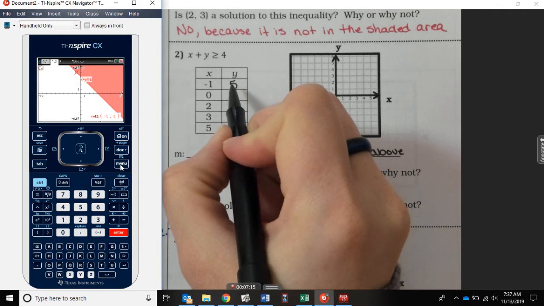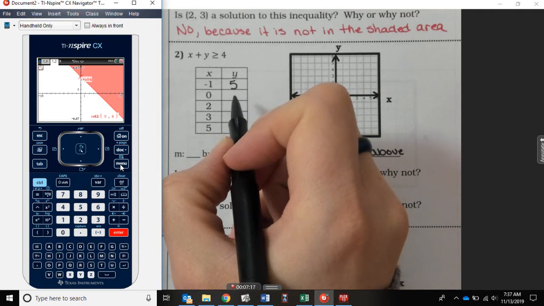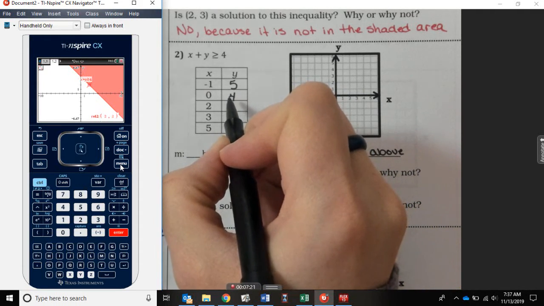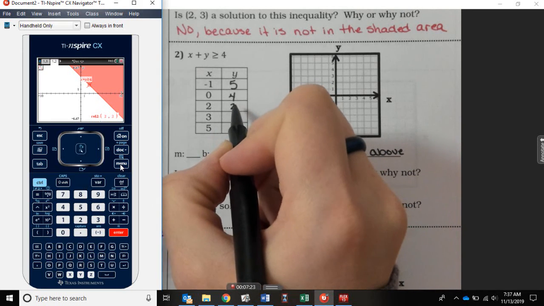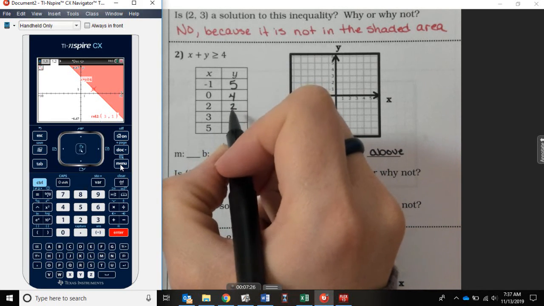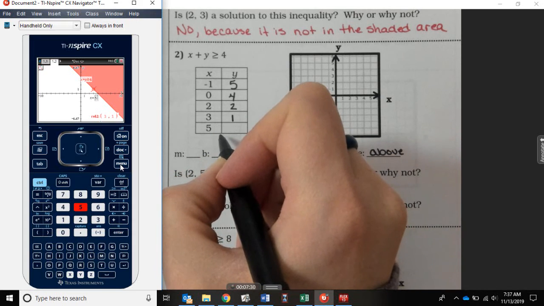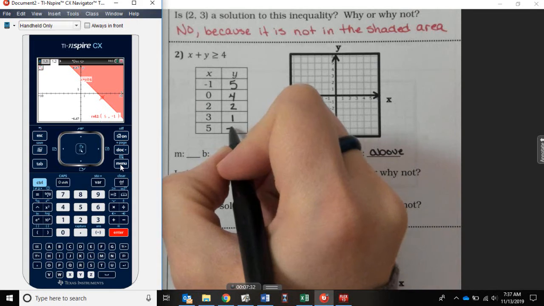And then type in 0, enter, and it tells us 4. 2, enter, is 2. 3, enter, is 1. And 5, enter, is -1.